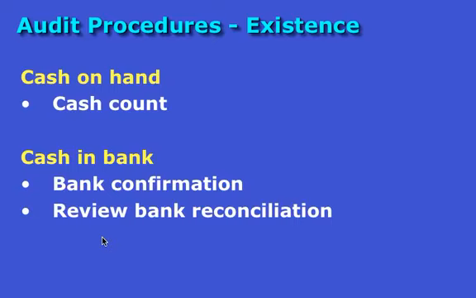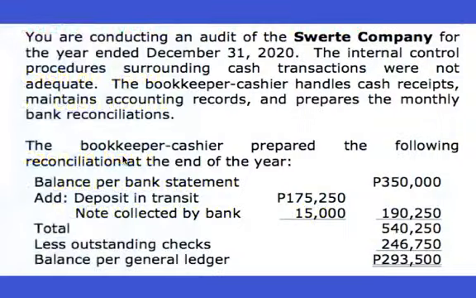Now, problem number 3. Ito yung background. So, this is audit of cash in bank. Okay. You are conducting an audit of the entity for the year ended December 31, 2020. Take note, yung internal control procedures daw surrounding cash transactions were not adequate.